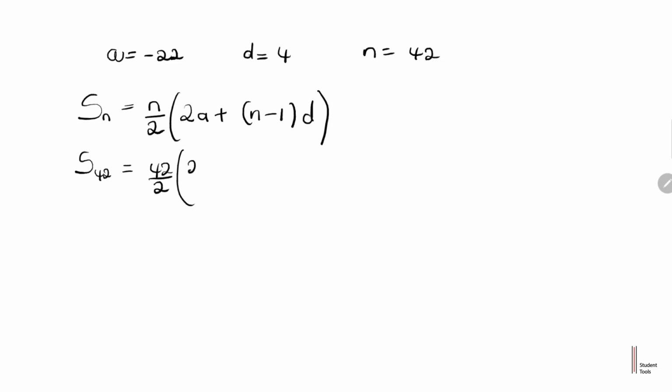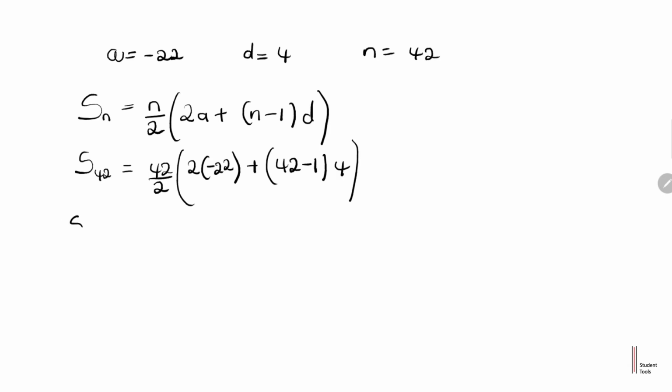Open bracket, 2 multiplied by a, which is negative 22, close bracket, plus n minus 1. So that's 42 minus 1, close bracket, and then we multiply with the common difference, which is 4, close bracket.